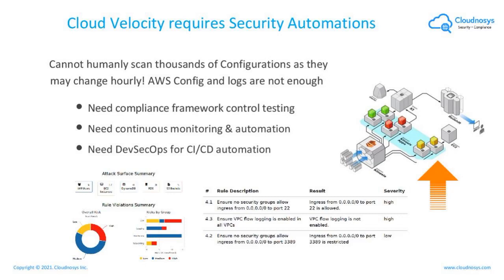So you need a compliance framework, you need continuous monitoring and automation, and ideally, even before you commit to the infrastructure, we hope that you're scanning your CI/CD pipelines for any poor configurations that do not meet your policy guardrails from a governance standpoint. So all those things are important.